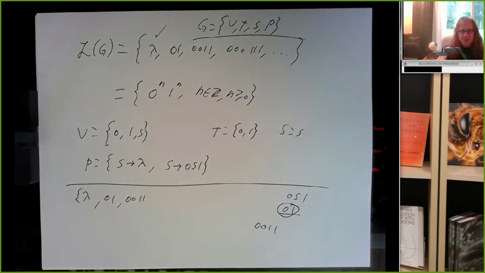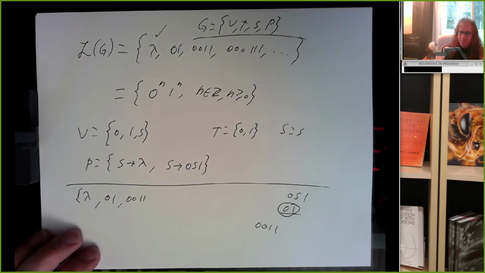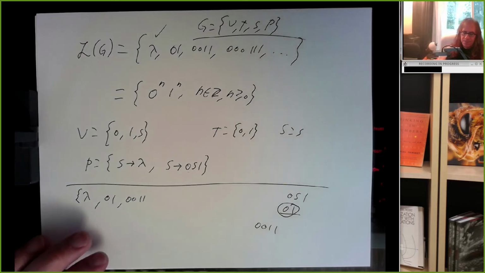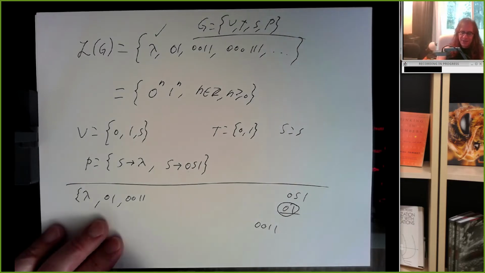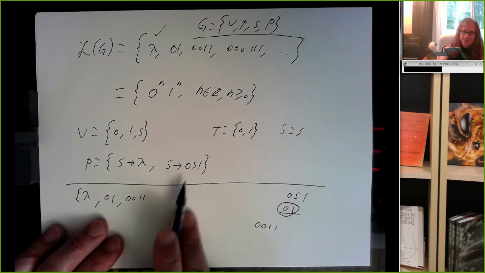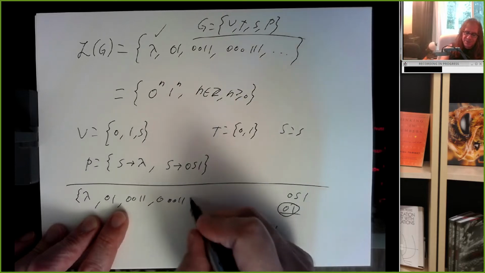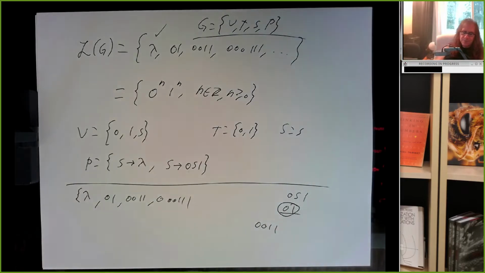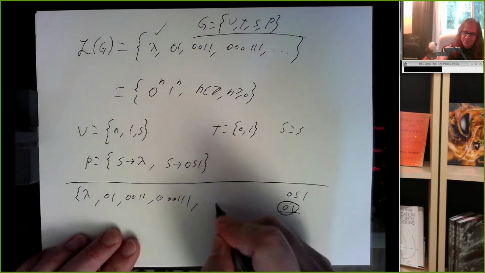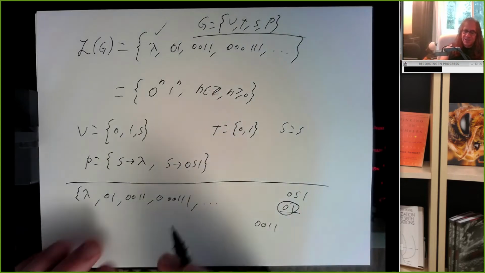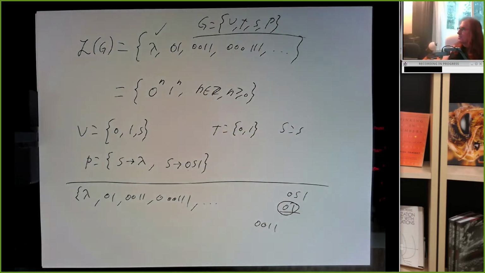And so this is a part of the language. And if this is something that S can be changed into, then our start symbol can also be changed into a 0 followed by this, followed by a 1. And we can keep doing this. And so this is going to be the language generated by that phrase structure grammar.